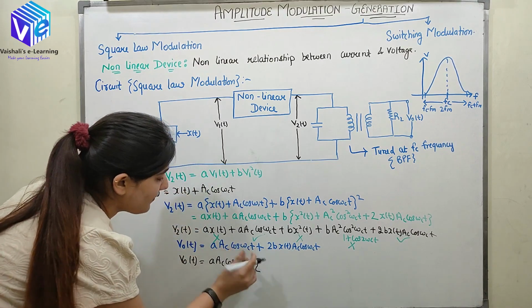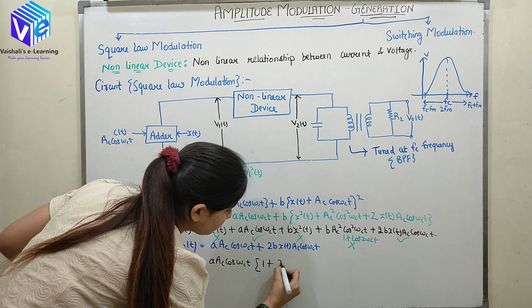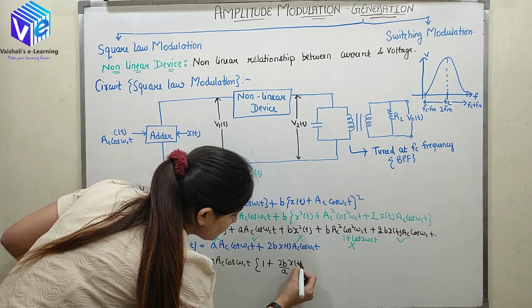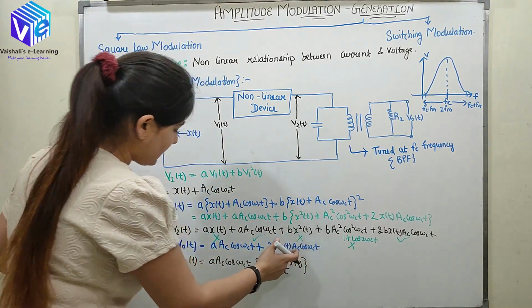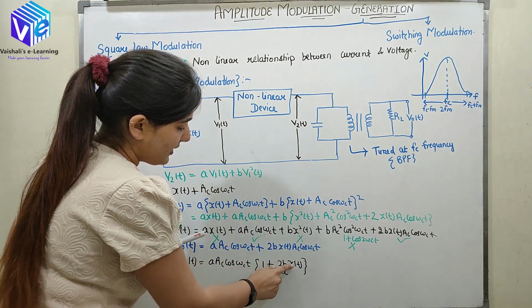So now here I am left out with 1 and here I am left out with 2B upon A XT. So cos omega CT AC I have already taken outside, so I am left out with 2B upon A XT.